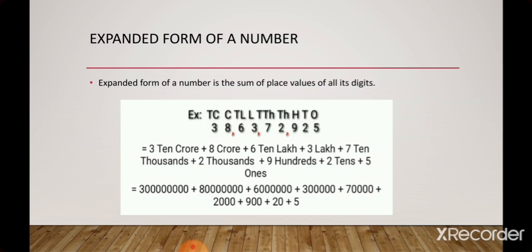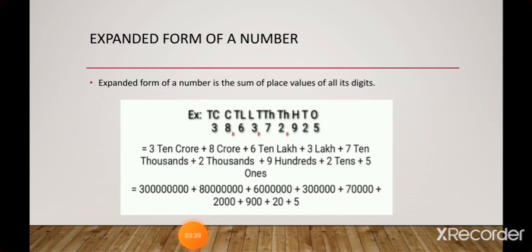Plus 7 in 10,000s place. So in 10,000, we have totally 4 zeros. That's why after writing the digit 7, you should write 4 zeros. Then it becomes 70,000. Plus 2 in thousands place. So after writing the digit 2, you should write 3 zeros, then it becomes 2000, plus 900 plus 20 plus 5.